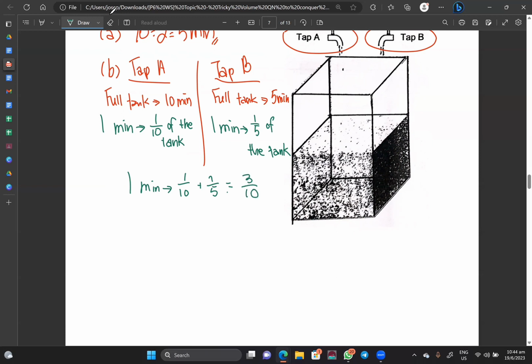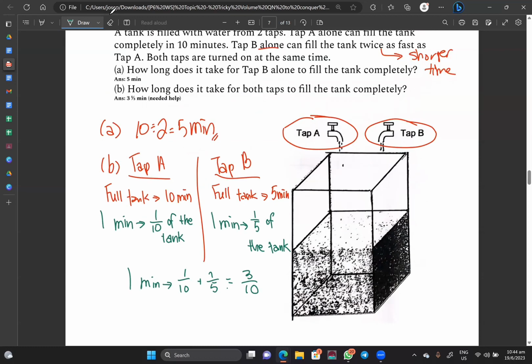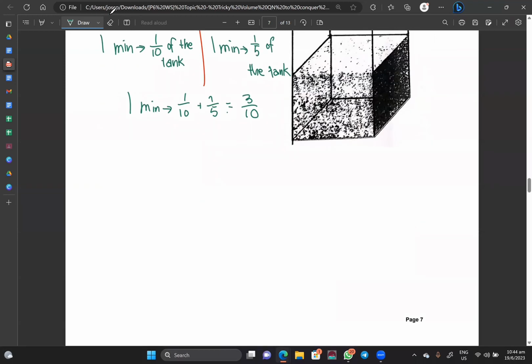Make sense? Now, the question to you is this: how long does it take for both taps to fill the tank completely? You see the keyword? So we know that 3/10 of the tank is equal to 1 minute. So we always find Mr. Greenman first.